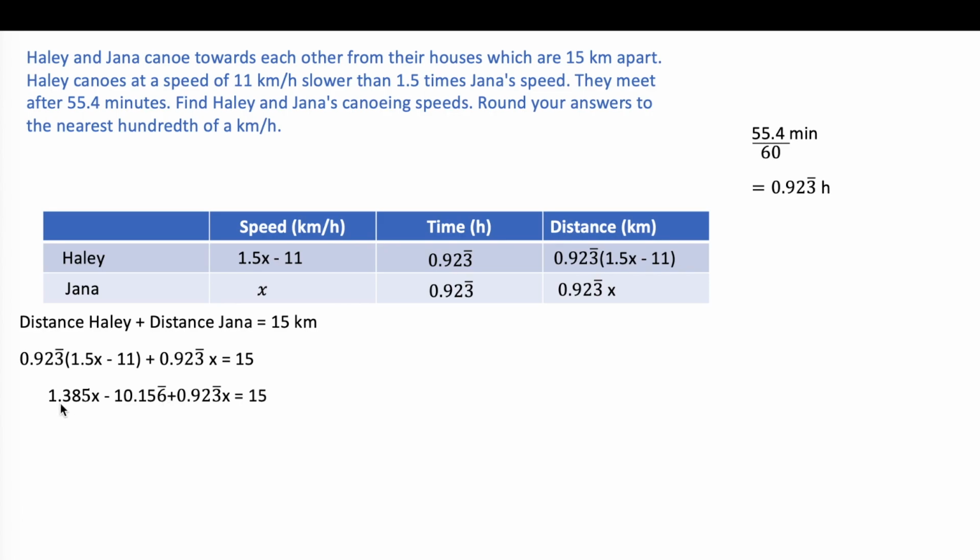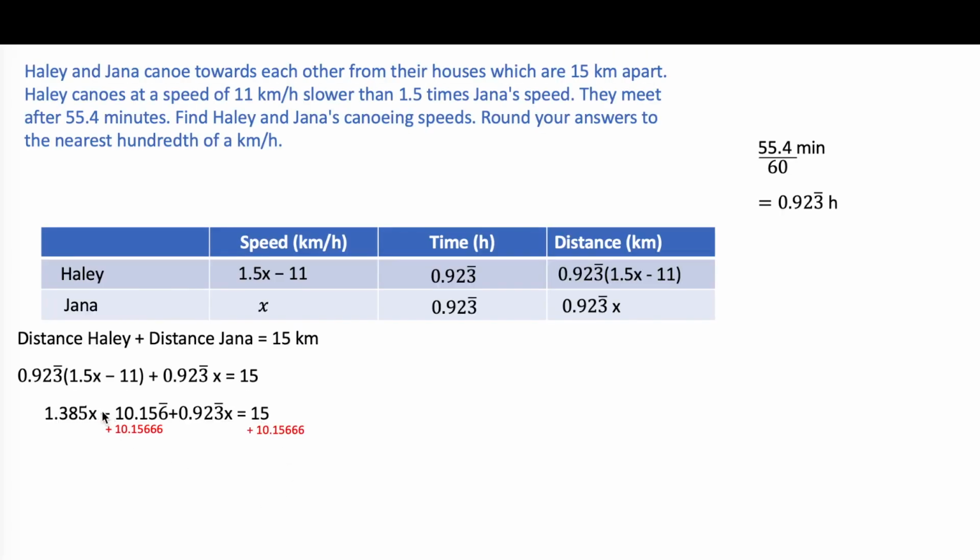I'm going to add my 1.385x to my 0.923x, and I'm also going to have to add it to the other side. When I add these two together, I get 2.3083 repeating x is equal to 25.156 repeating.